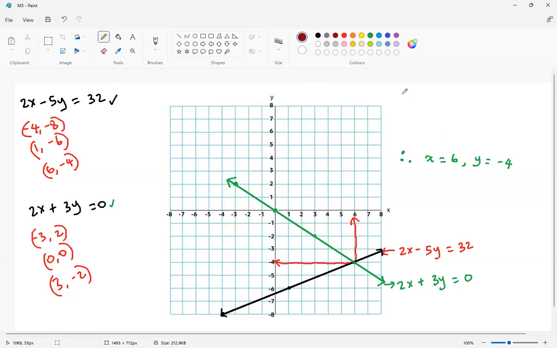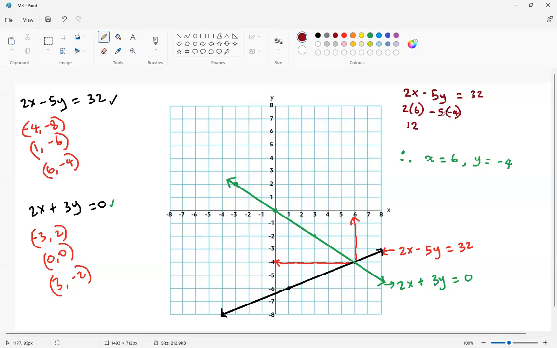If we have 2x minus 5y is equal to 32, and x is 6 and y is minus 4, let us see if it will give us 32. 2 times 6 will be 12.